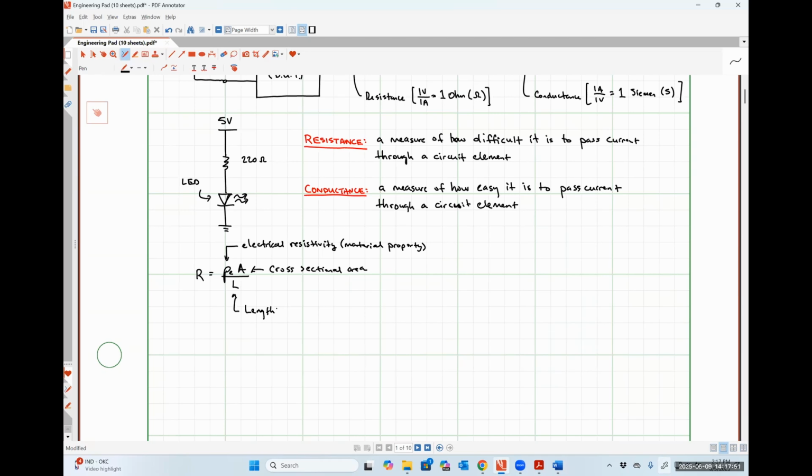So pretty simple equation, resistivity times area divided by length. So the resistance of any particular object depends on what it's made of and how it's shaped, okay?